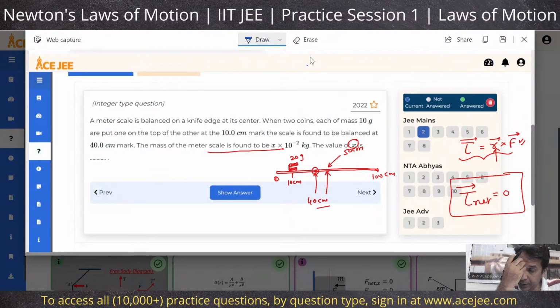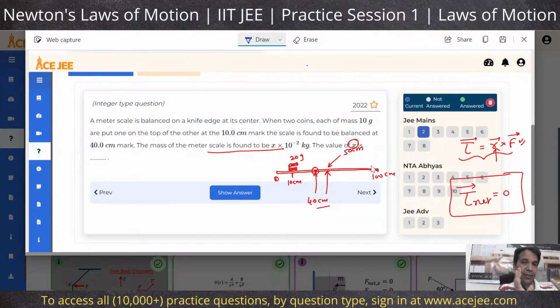So beta, as far as the gravitational force is concerned, the net gravitational force acting on an extended rigid body, and this is an extended rigid body, no? The gravitational force is acting on every atom, every molecule, right?